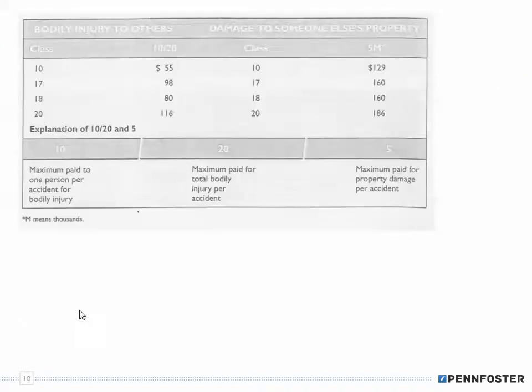For our liability, we have Class 17, and it was 10/20, which is right here. So Class 17, that's $98.